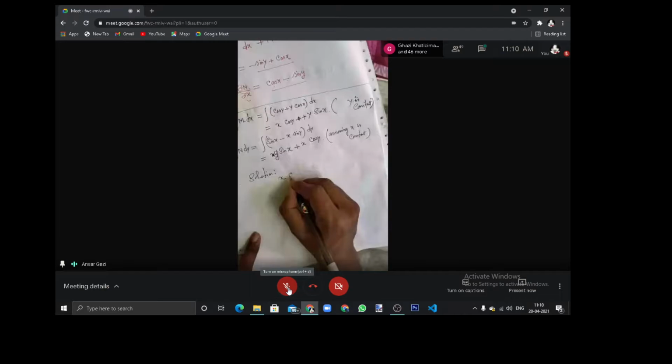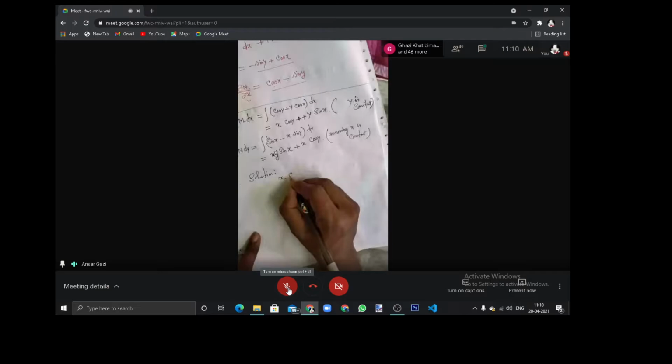If we differentiate this, 2x gives x dx, 2y gives y dy, the 2 cancels.